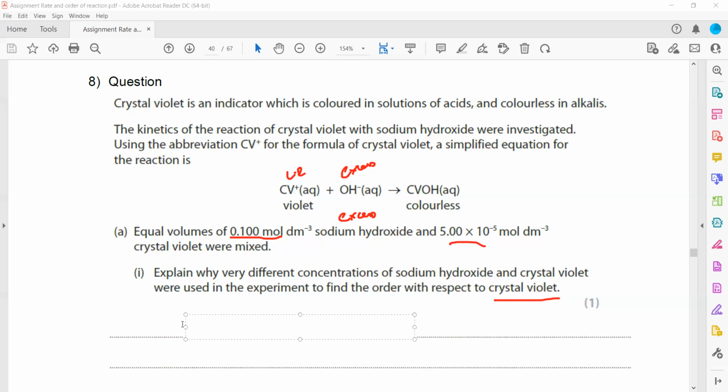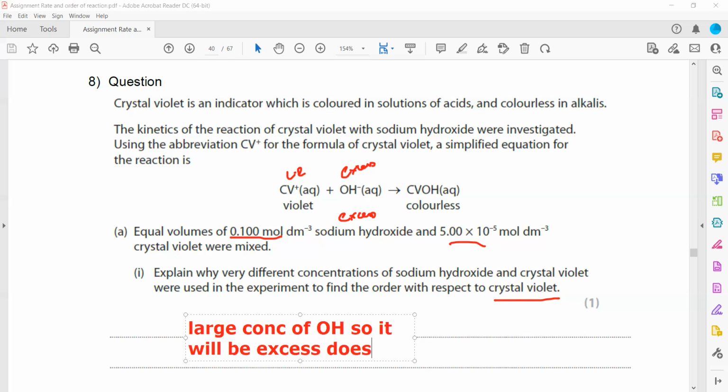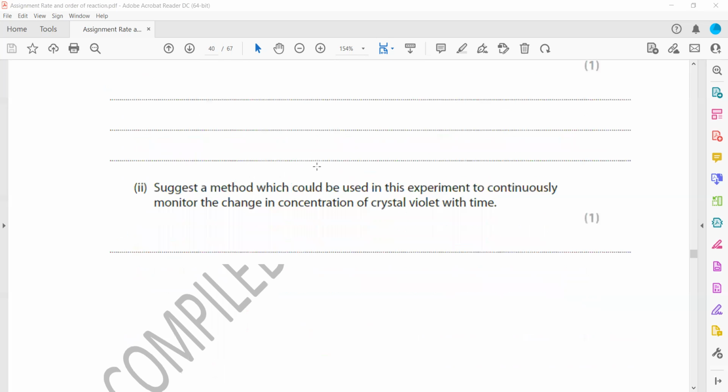So the main reason for taking a large concentration of sodium hydroxide is that it will be in excess and does not affect the rate. A change in the amount of sodium hydroxide won't affect the rate of this reaction.